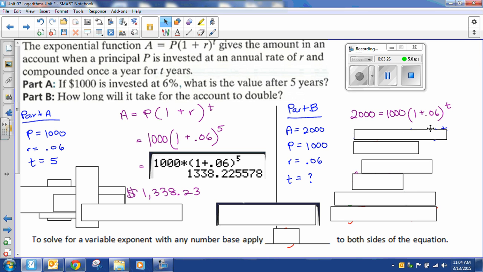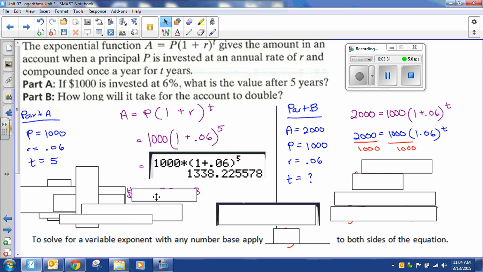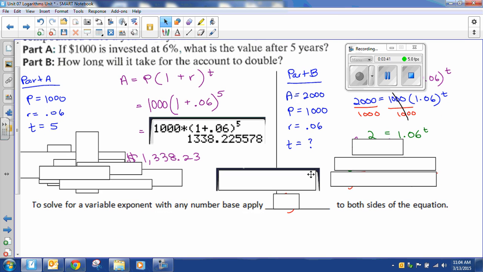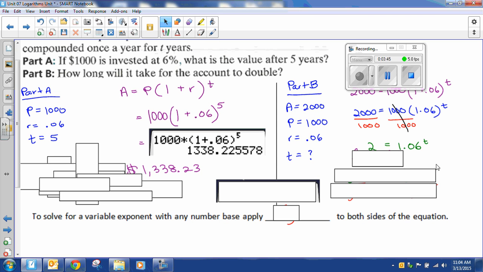So we need to algebraically undo. We're going to divide both sides by 1,000 first. 1,000 divided by 1,000 cancels out. 2,000 divided by 1,000 is 2, and we have 2 equals 1.06 to the t power.